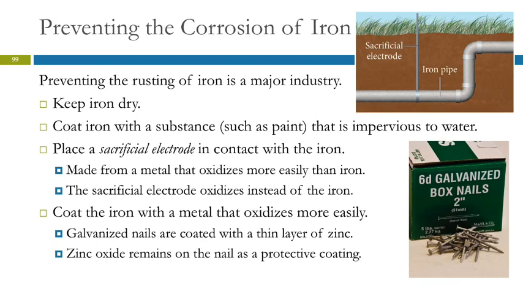You can also coat the iron with a metal that will oxidize more easily and then have a nice protective coating. Galvanized nails have a thin layer of zinc. When zinc rusts, it forms zinc oxide, which is stable and acts as a coating, much like the aluminum oxide does on aluminum. So galvanized nails aren't going to rust in your fence. Non-galvanized nails are going to rust.